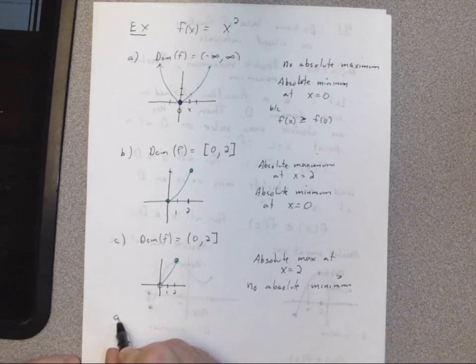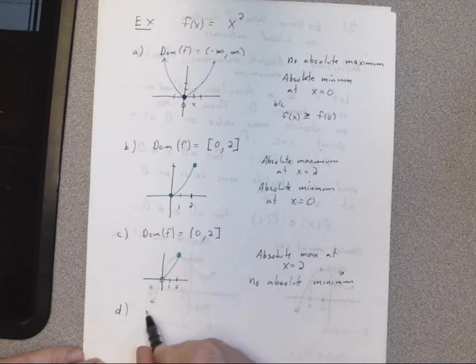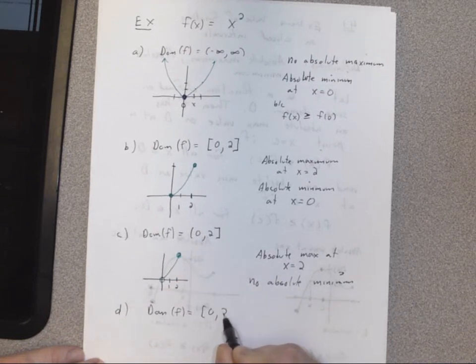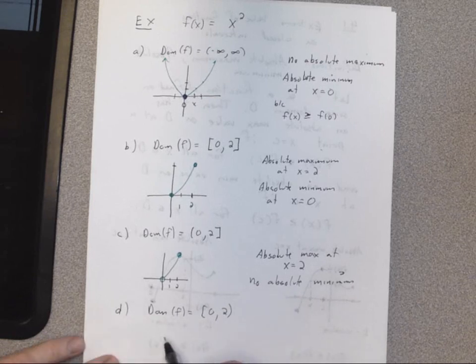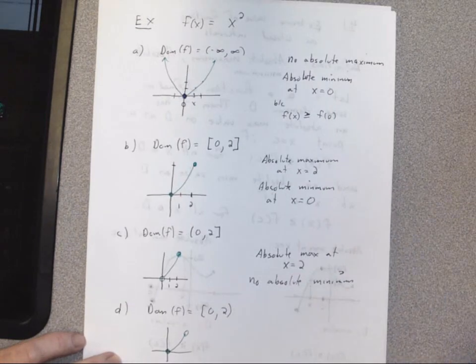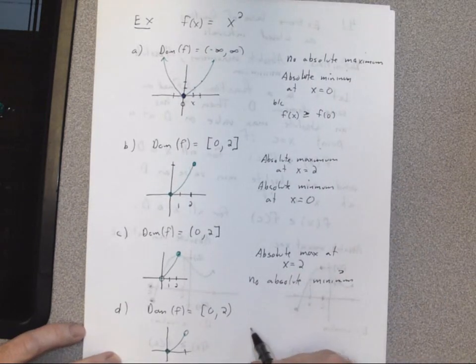And then for D, what I was going to do is just switch these. So the domain of f is going to be closed at 0, open at 2, and for the exact same reasons, if you look at the particular graph, we're going to have closed at 0, and open at 2. So what we know is this is going to have no absolute max for the same reason that it has no absolute min, but it is going to have an absolute min at 0.